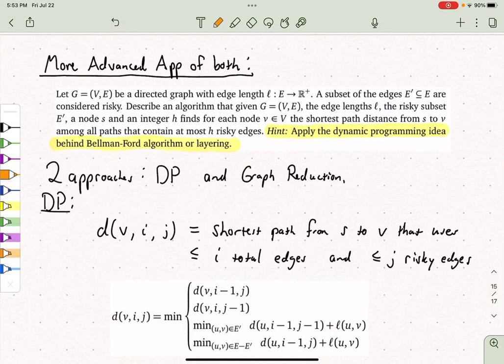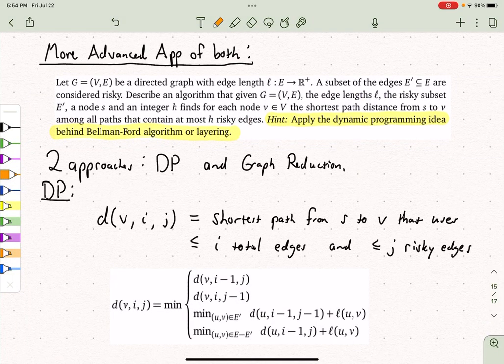Now we're going to talk about another application of graph reductions and modifications. And this is a very straightforward problem. We just have a directed graph with edge lengths, but we're also given a subset of edges that we call risky.